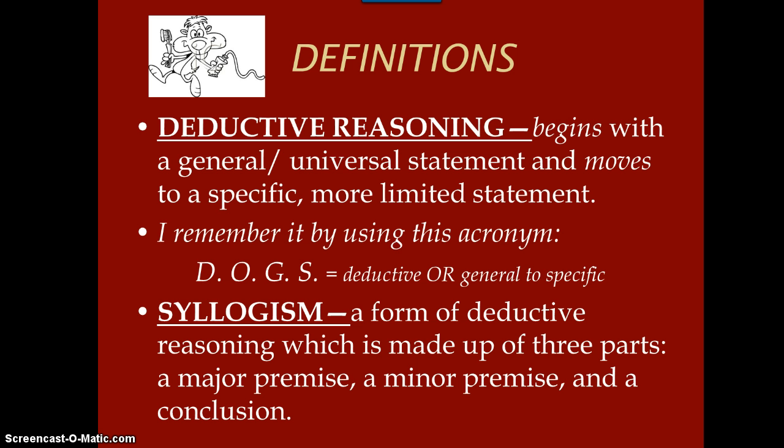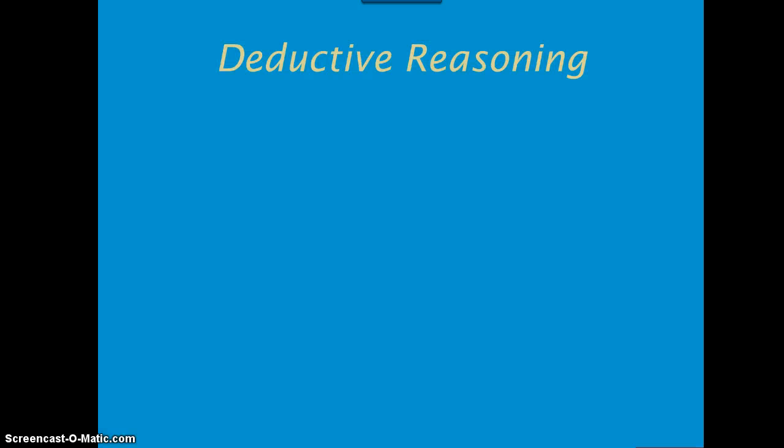A lot of times deductive reasoning is used to create what is called a syllogism. This is a form of deductive reasoning which is made up of three parts. The major premise, which is the general statement, a minor premise, which takes that general statement and applies it to something specific, and then those two things are used to come to a conclusion.